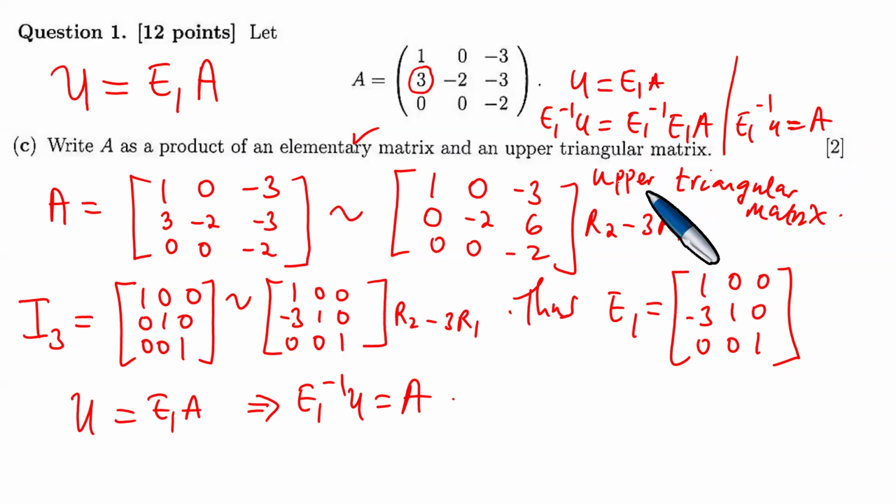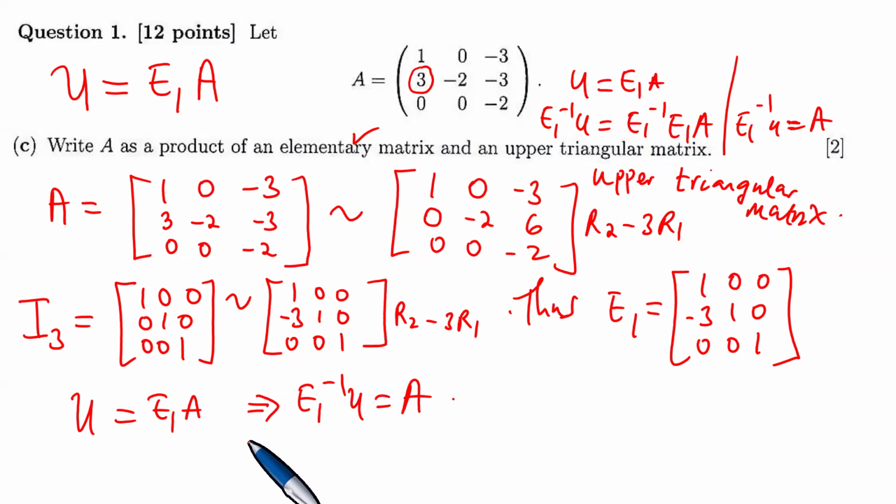So because of this, the inverse must be on the left side also; the E1 inverse cannot be on the right of the U. It is on the same side of the equation. So I just wanted to give a comment on this kind of question, and I realized that obviously it is so popular.